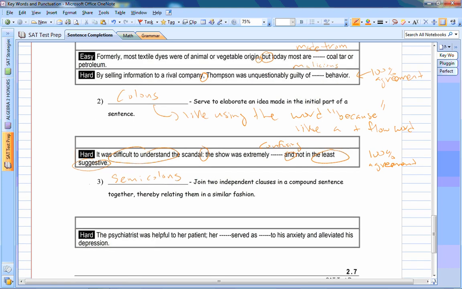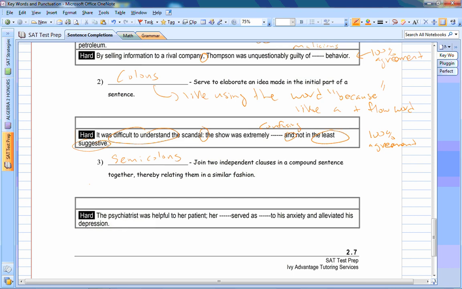Then we see a semicolon. Now, a semicolon is used in place of a colon for grammatical reasons, because in this case you have two independent clauses, meaning that you have two statements that can stand on their own as sentences, so you don't want a run-on sentence, so we put a semicolon instead.